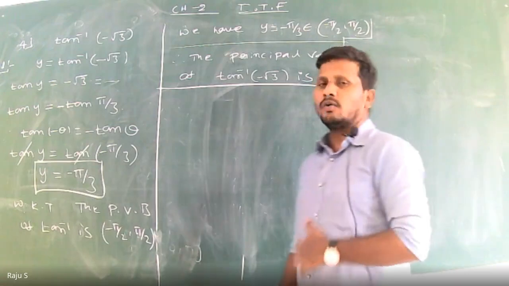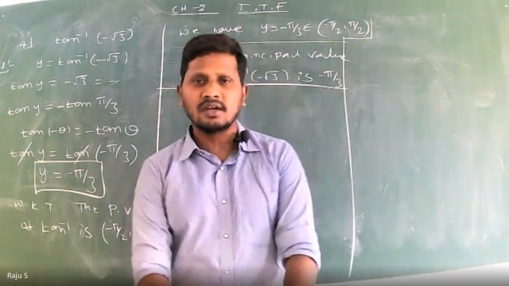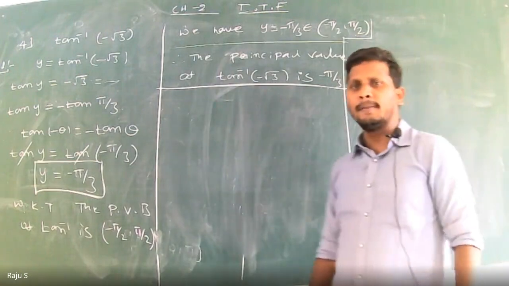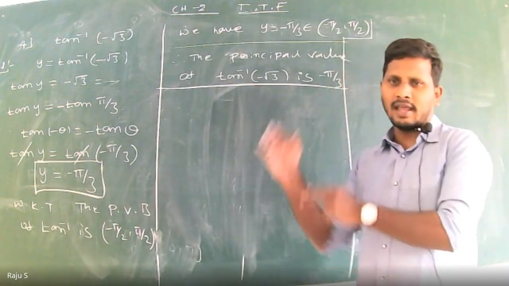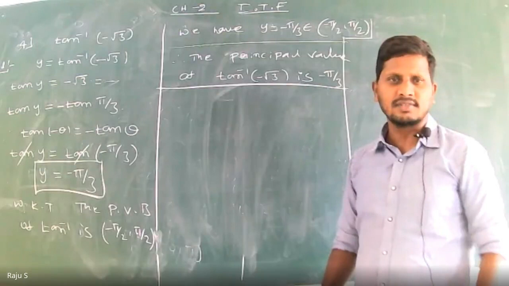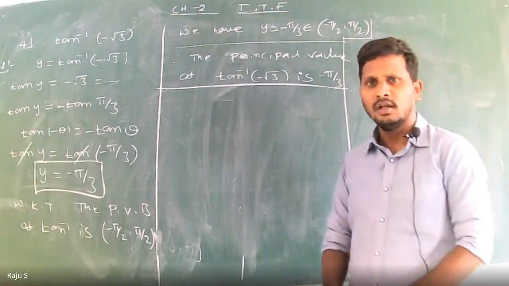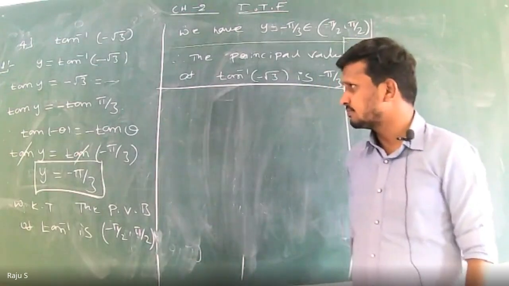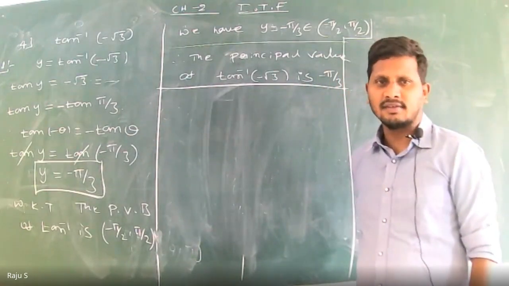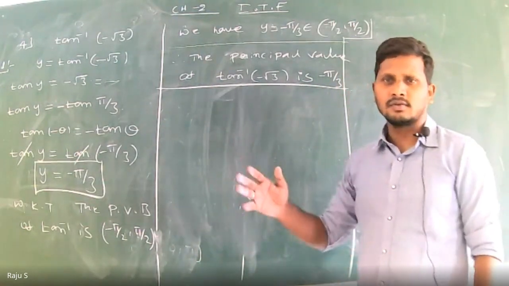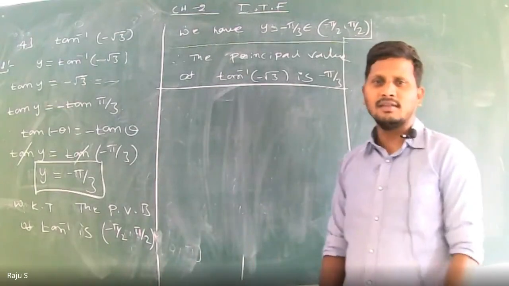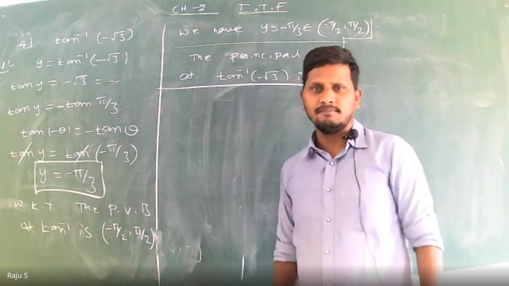So first you compare the given inverse trigonometric function as y. So y is equal to tan inverse of minus root 3. Then tan on the left side: tan y is equal to minus root 3. Since root 3 is tan pi by 3, tan 60, we cannot cancel directly, so take the minus inside: minus tan theta is equal to tan of minus theta.